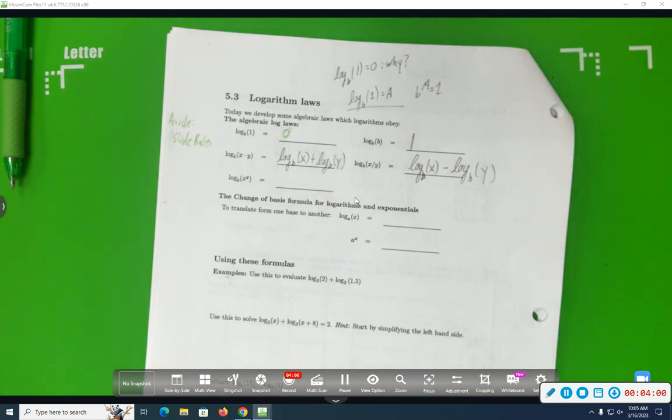Now let's think about exponentiation. So let's think about what x to the y means. It means take x and multiply it by itself y many times. Log turns that iterated multiplication into iterated addition. What's another word for iterated addition?